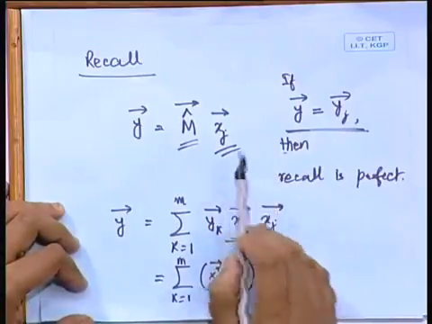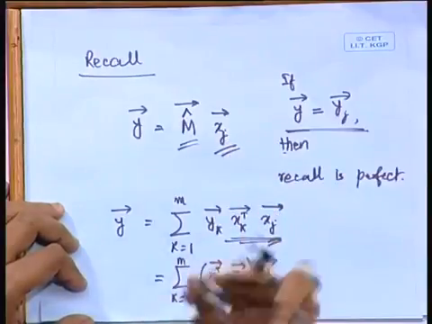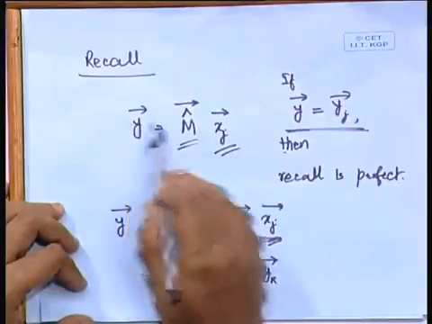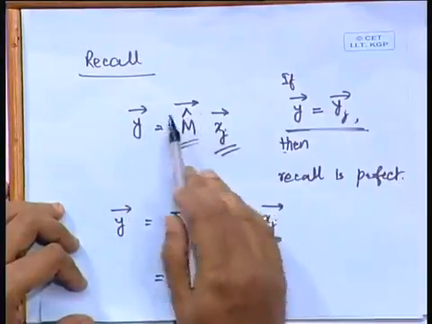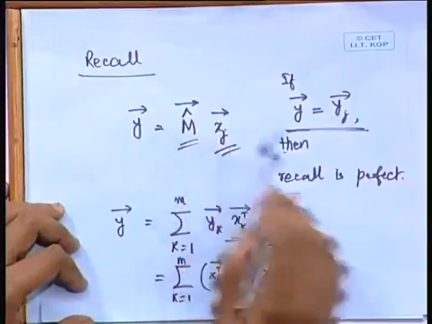And then we had fed pattern Xj. We had picked up a particular pattern Xj, and then we got the output Y as the product of this M matrix and Xj vector.